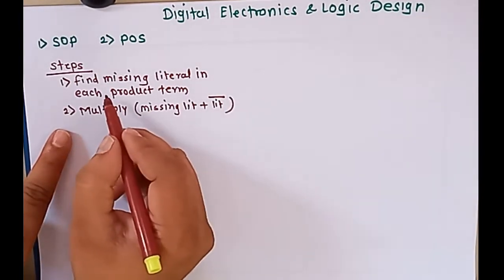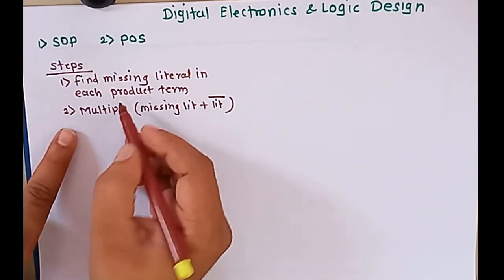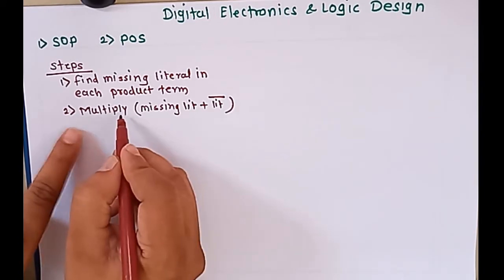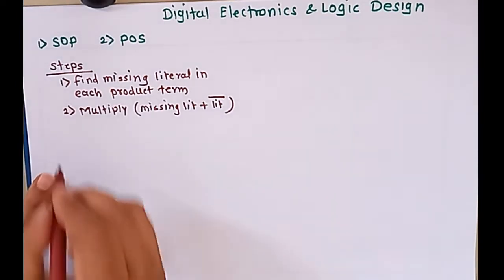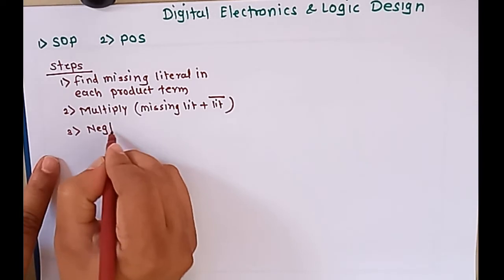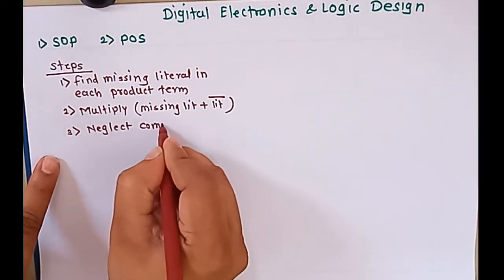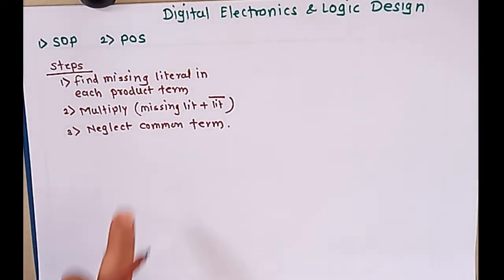Those product terms that are missing literals have to be multiplied by this factor: the missing literal plus its complement. The third step is to neglect the common terms present in the equation. Those common terms that appear in the equation we have to neglect.